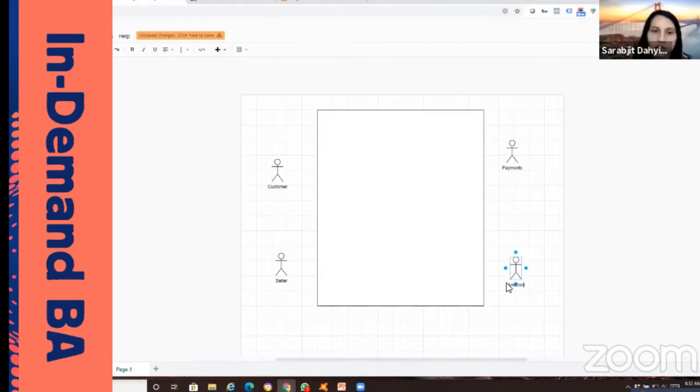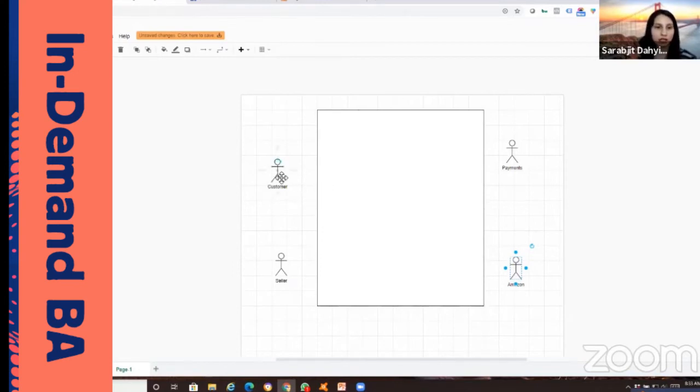The reason why I put customer and seller on this side is because these are the active actors, the primary actors that interact with Amazon. And then payments and Amazon are the secondary, meaning that they wait for something to happen before they get activated.